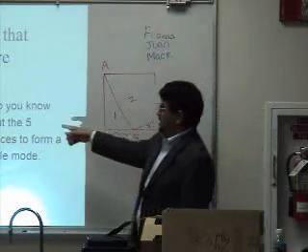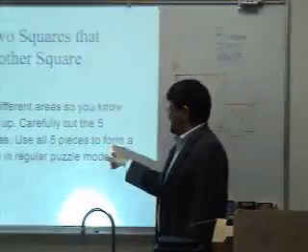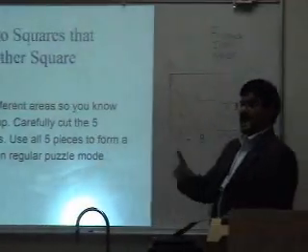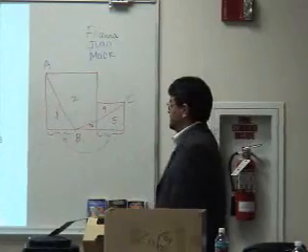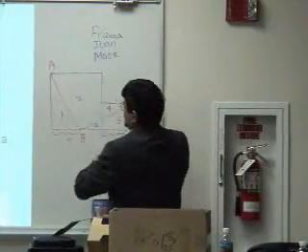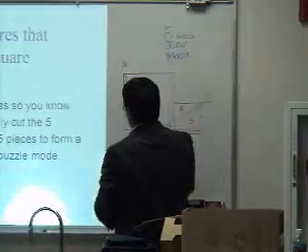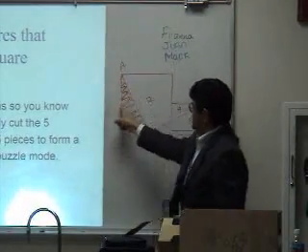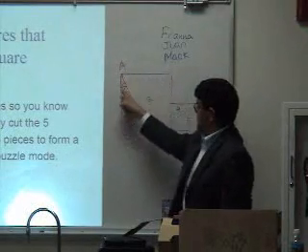So you cut the 5 separate areas, and you use all 5 pieces to form a larger square in a regular puzzle mode. Now, why does this work? Let me show you why it works. This is the triangle we're working with. It's a right triangle. This side squared is this square, right?